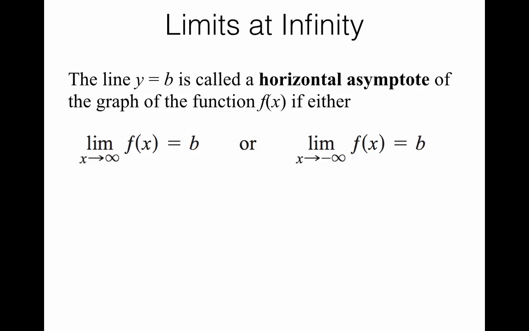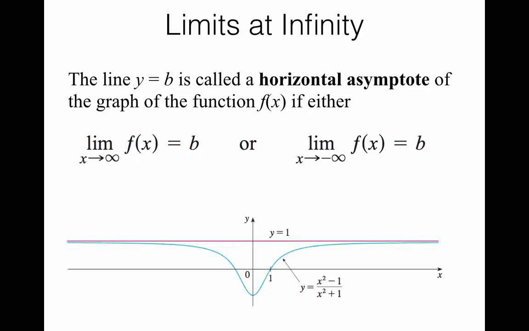So we see that if the function is approaching a horizontal line called y equals b, either way far to the right or way far to the left on the graph, then this horizontal line is called a horizontal asymptote.